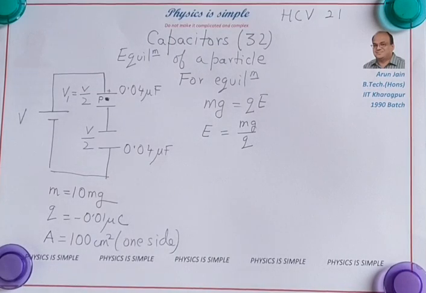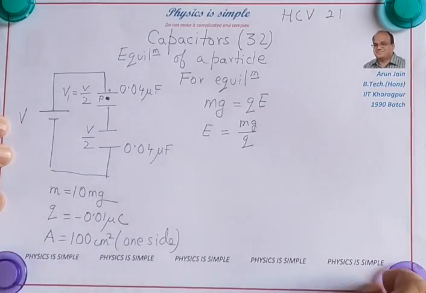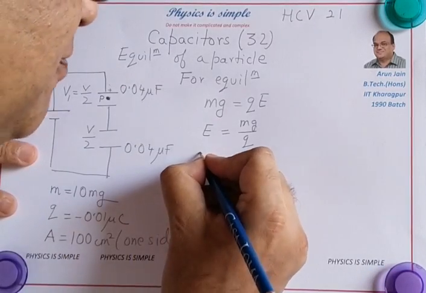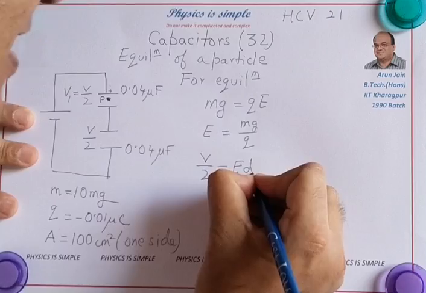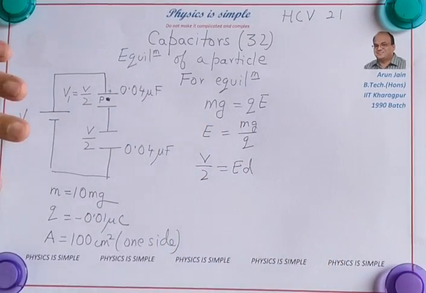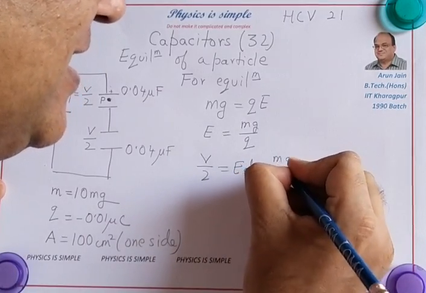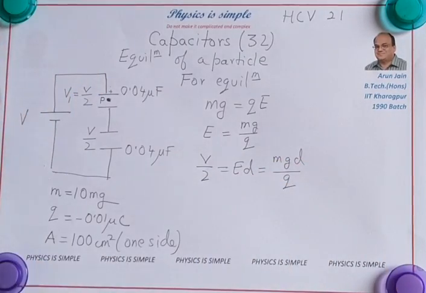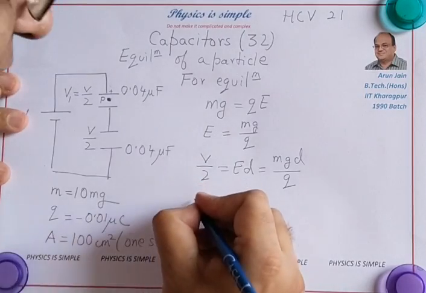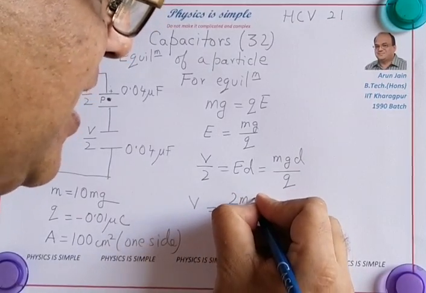Now we know that the potential difference between the plates is given by E into D. So therefore the potential difference V by 2 will be equal to E into D, where D is the distance between the plates, and this therefore becomes mgD by q. Now V therefore is 2mgD by q.